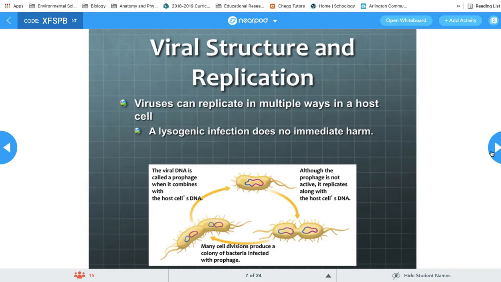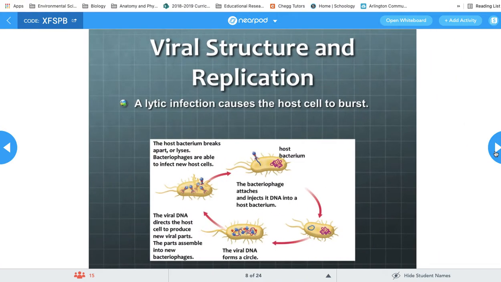After many cell divisions produce a colony of bacteria infected with this prophage, the viral DNA is called a prophage when it combines with the host cell's DNA, which we've already talked about. And then there's just a vicious cycle. After we reproduce, we're going to be able to cause harm to this organism, because we're going to be making proteins and things from this viral DNA. Now we have a lytic infection, which causes the host cells to burst.